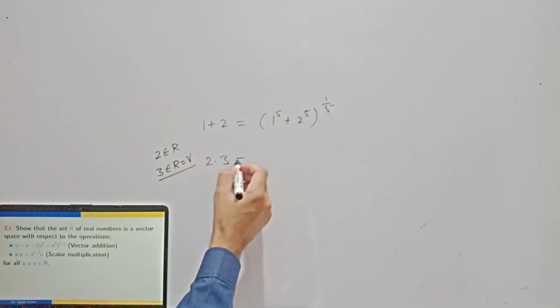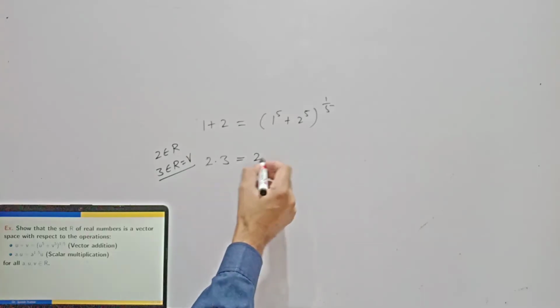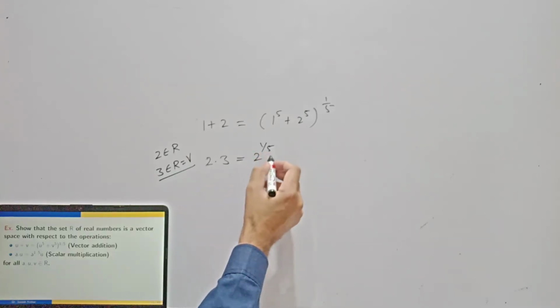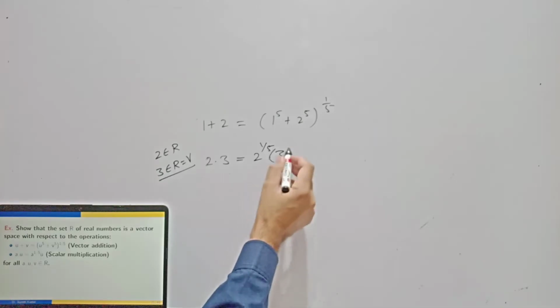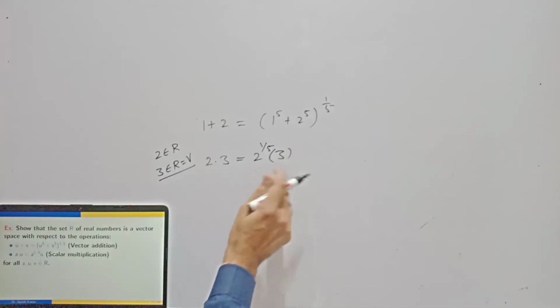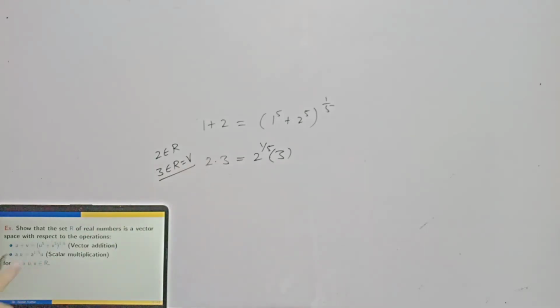So what is it? By definition, it is 2 power 1 over 5 into 3. You can put brackets to avoid confusion. You need to multiply these two things. There is no sign in between, so the right hand side is ordinary multiplication. So you see the definitions here, these are also unusual. But under these definitions, you can verify all the 10 properties of vector space.